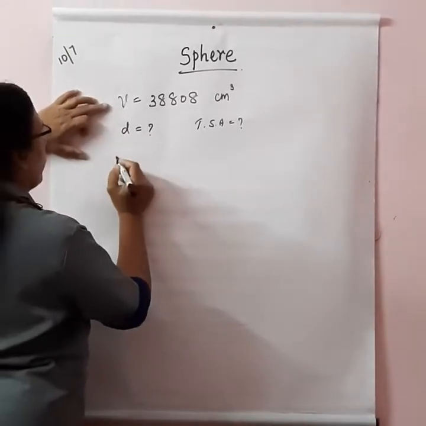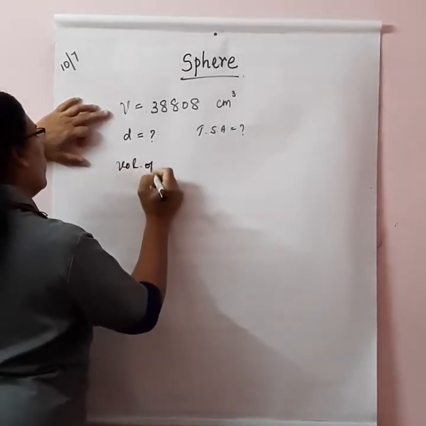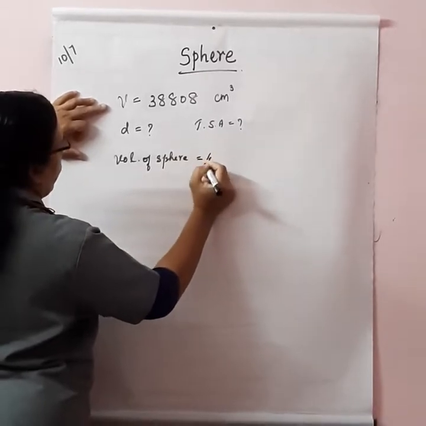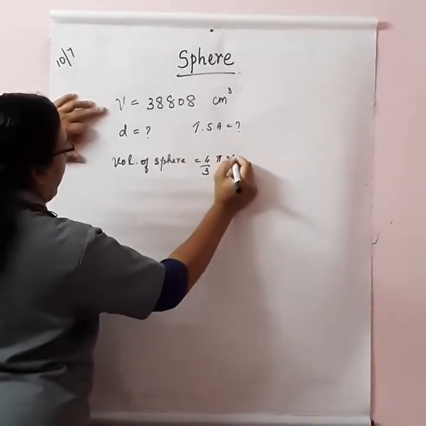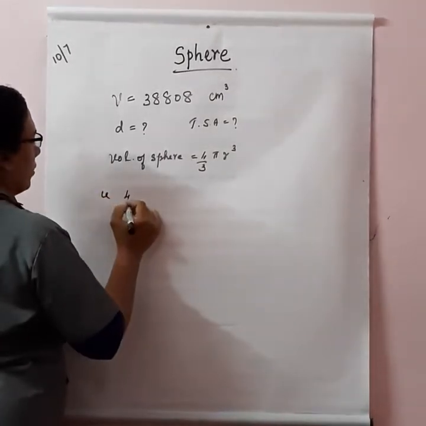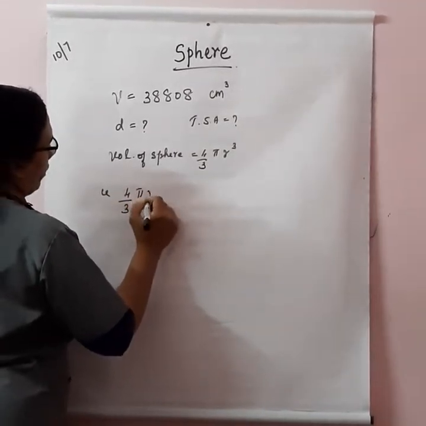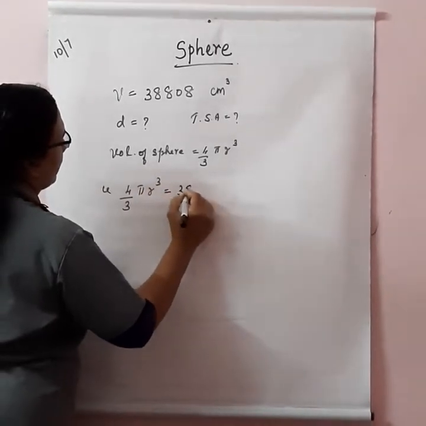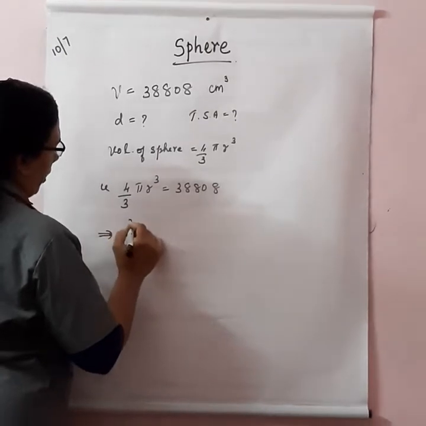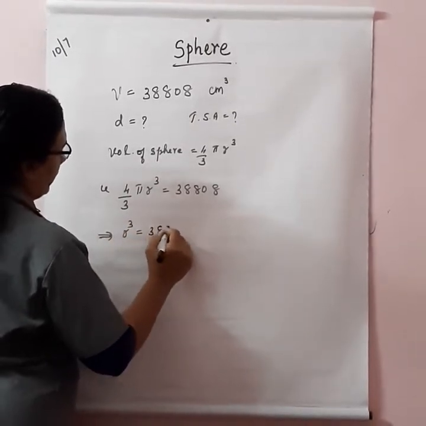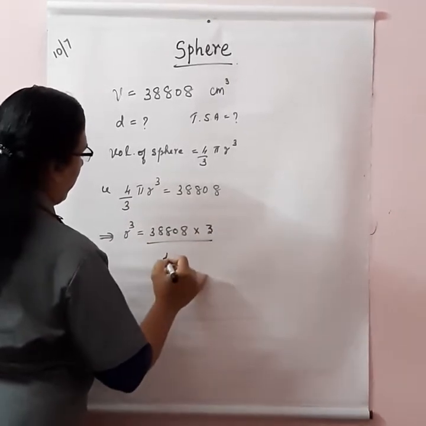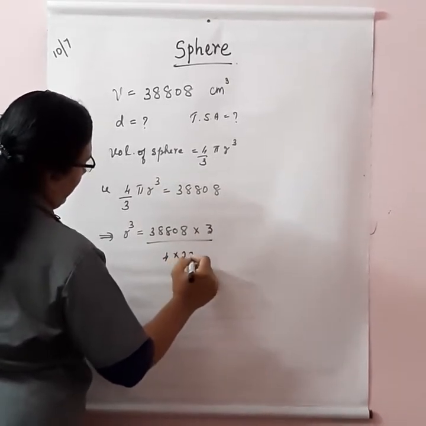Now let's see, what is the volume? Volume of the sphere formula you have to know. It is 4 by 3 pi r cube. Is it clear? So 4 by 3 pi r cube is given as 38,808. This implies r cube is equal to 38,808 into 3 divided by 4 pi. I am writing pi as 22 by 7.